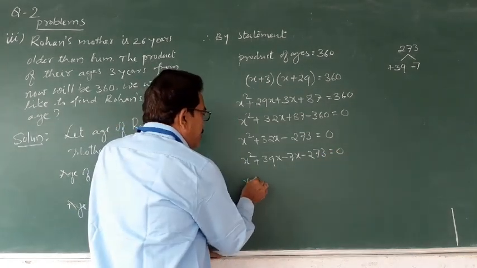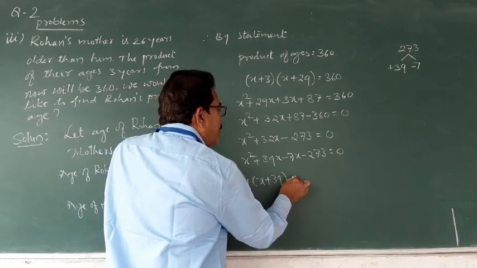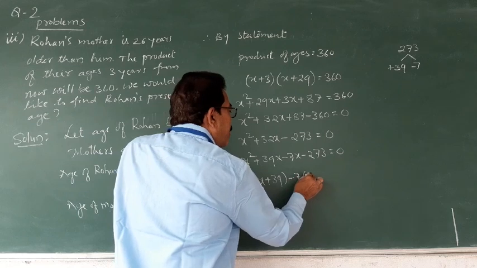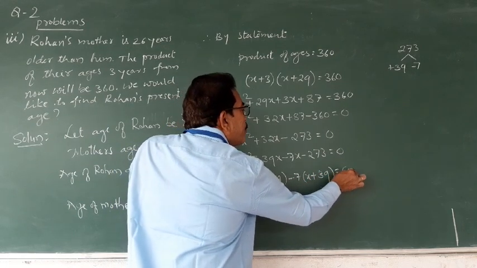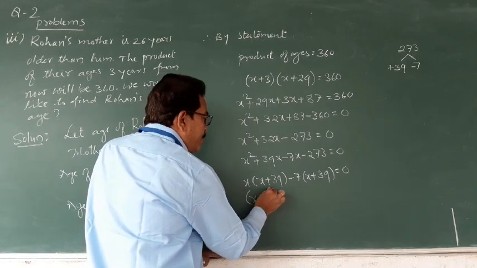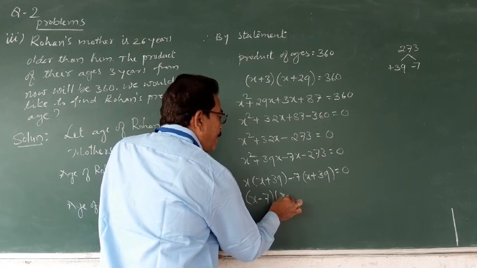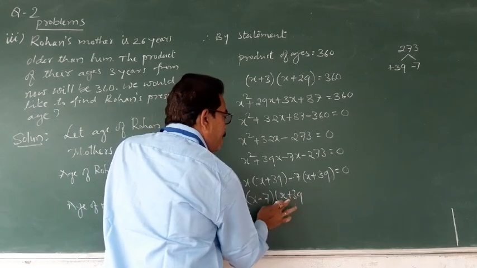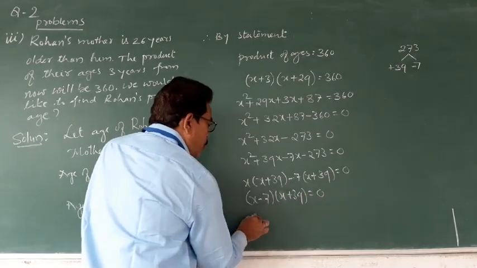Then x in the bracket x plus 39, minus 7 in the bracket x plus 39 equals 0. X minus 7, x plus 39 equals 0.